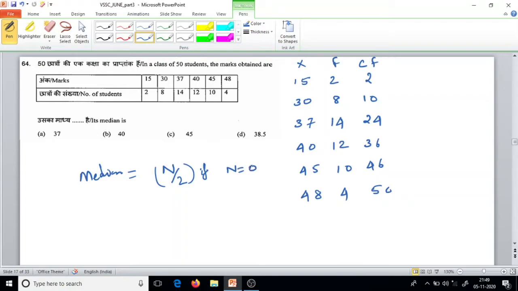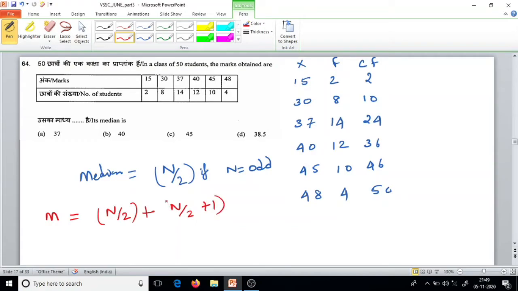But in our question, n equal to 50, that is even. Then median m equal to the n by 2 term plus the n by 2 plus 1 term, and then we have to take their average. This will give the median.